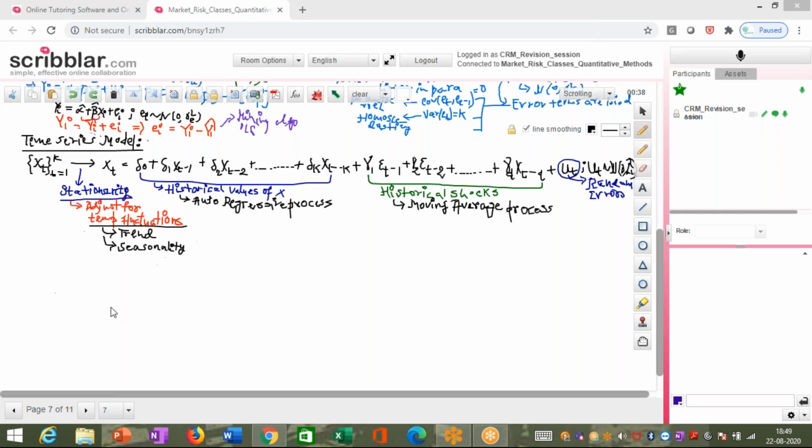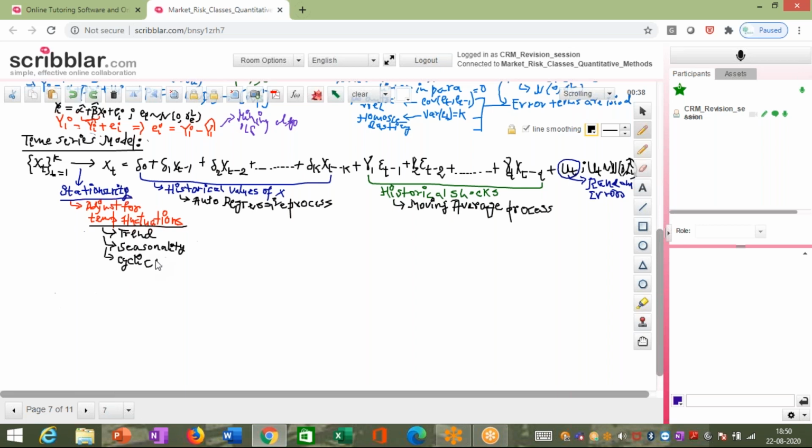So as I was saying, for trend, seasonality, the third being cyclicality. Now, cyclicality will become a concern if you are using data which spans a whole business cycle.